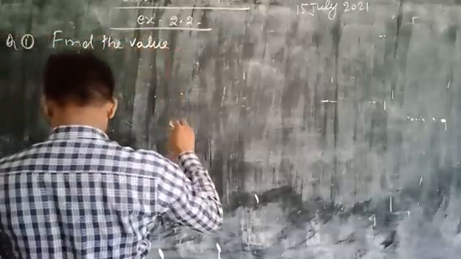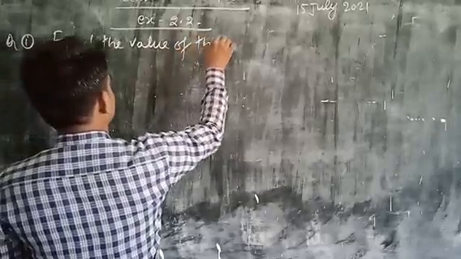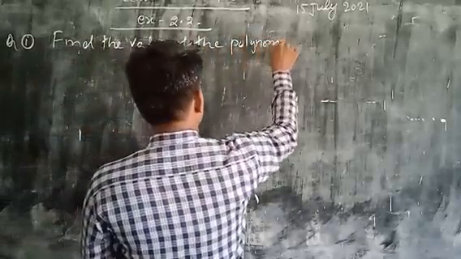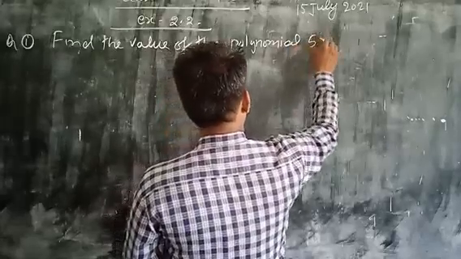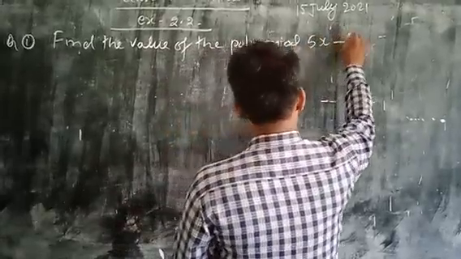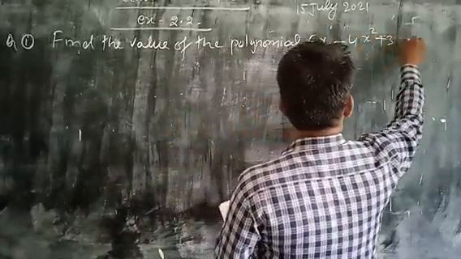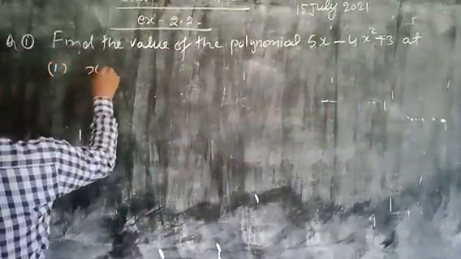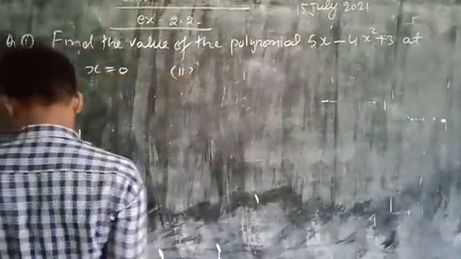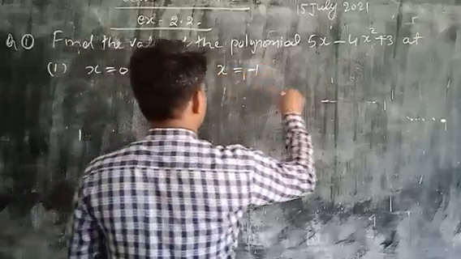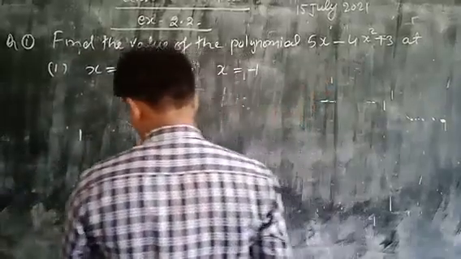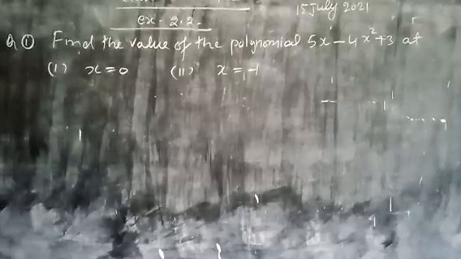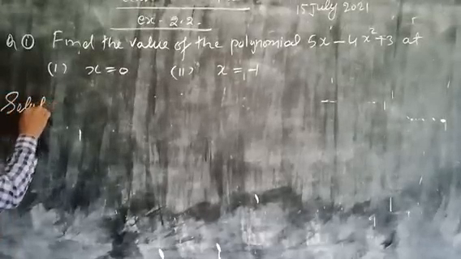Find the value of the polynomial 5x minus 4x square plus 3 at number first x is equal to 0, number second x is equal to minus 1, and number third x is equal to 2. Now look at the solution of these questions.